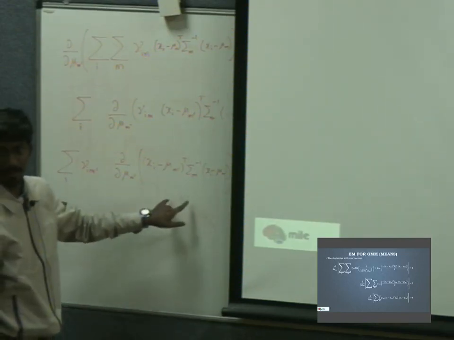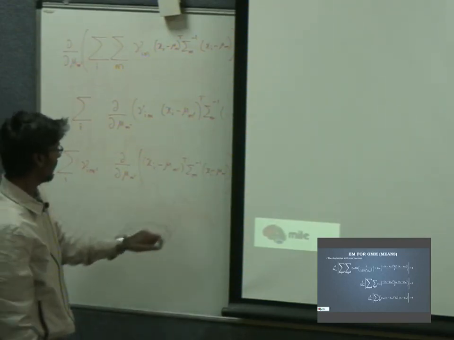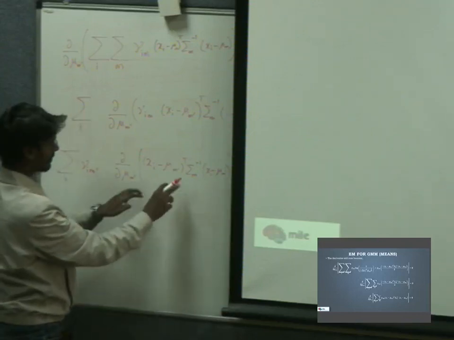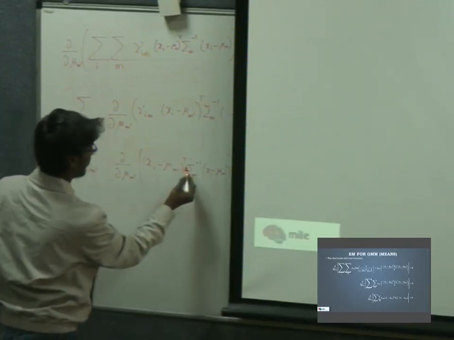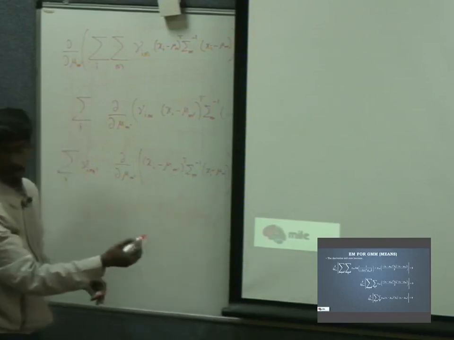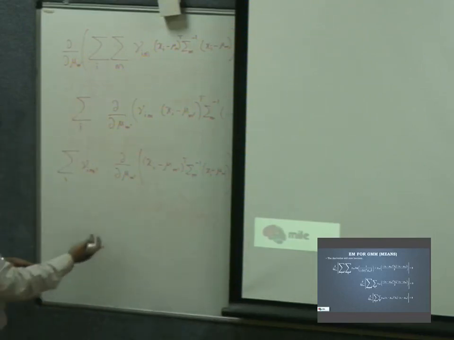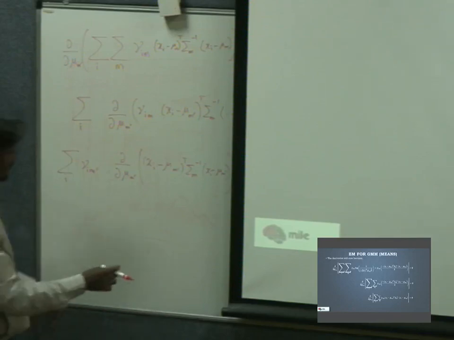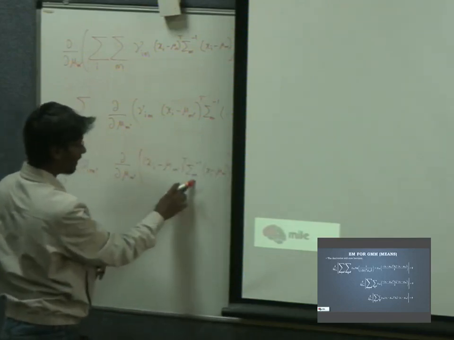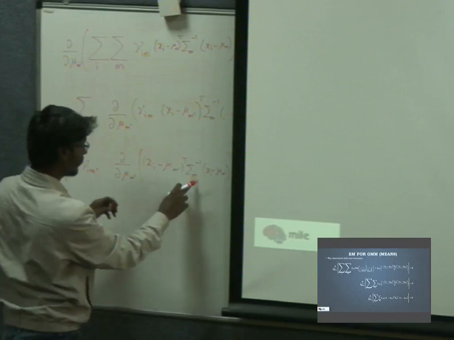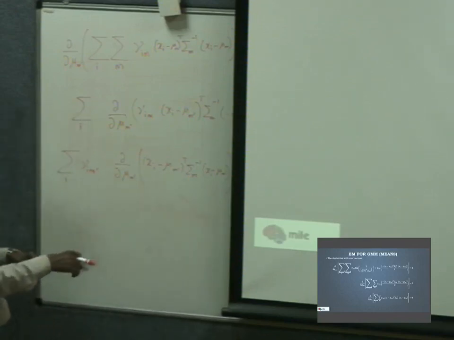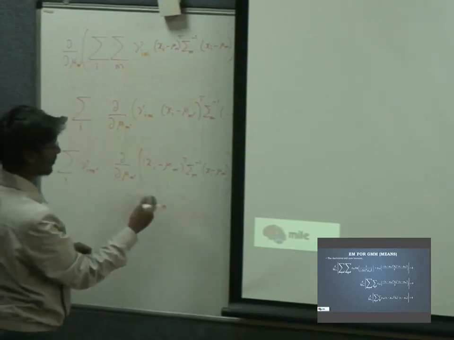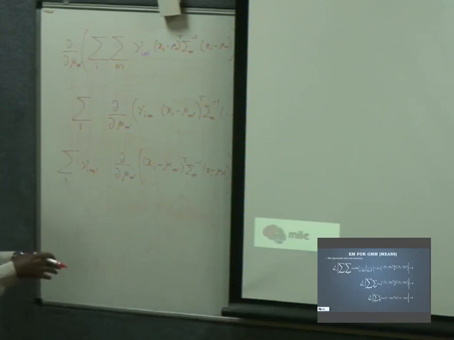No, it can't be, because these are vectors. This is a product of a vector with a matrix, and then again you multiply with some vector. This entire thing is a scalar, but this is a matrix, so you can't take this out directly. You have to use some tricks and tweaks.